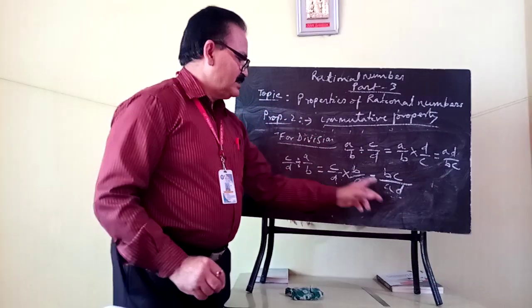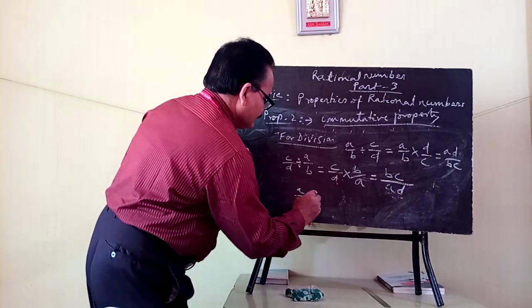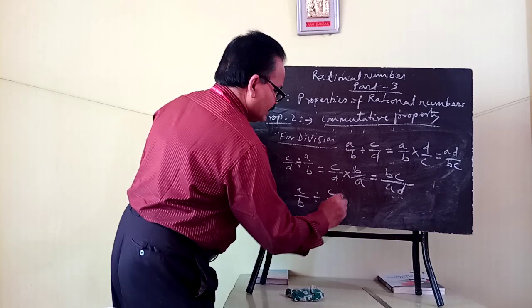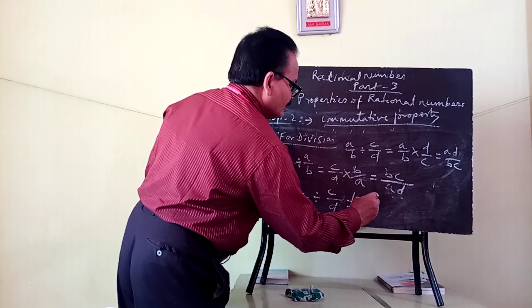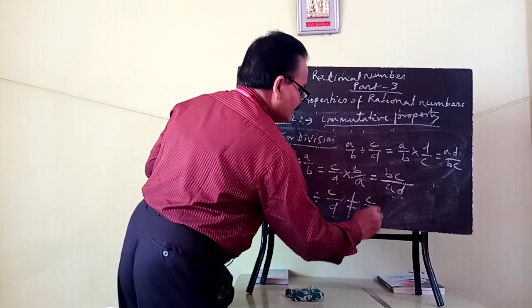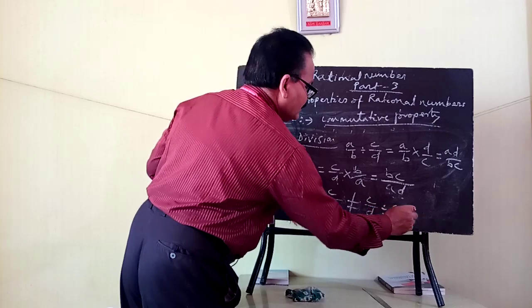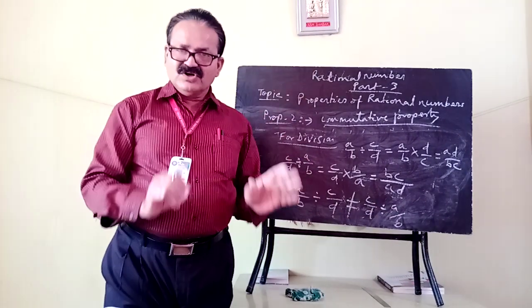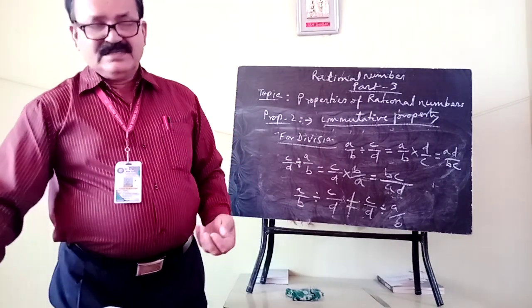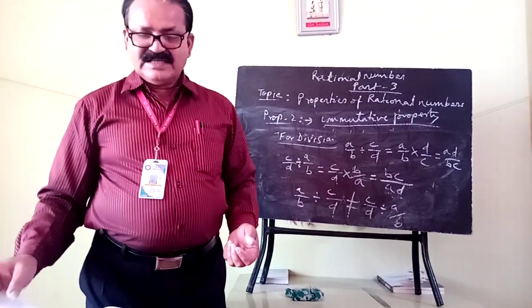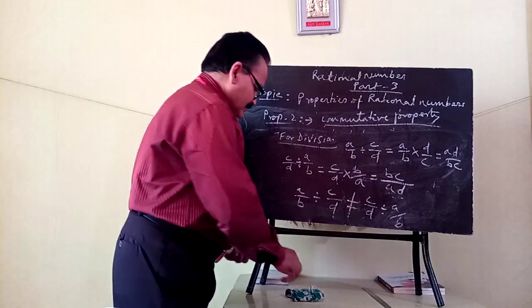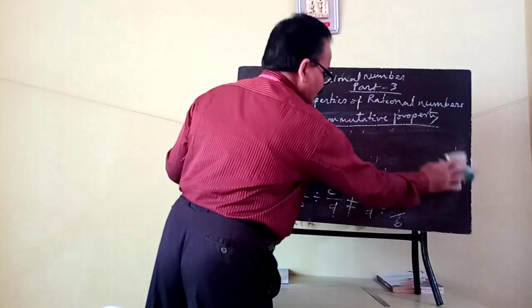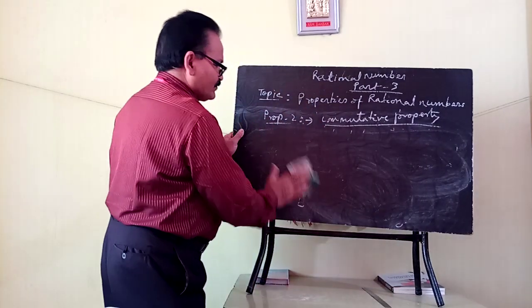Value changed. So what is your conclusion? A by B divided by C by D is not equal to C by D divided by A by B. So that means commutative property is not true for subtraction and division.